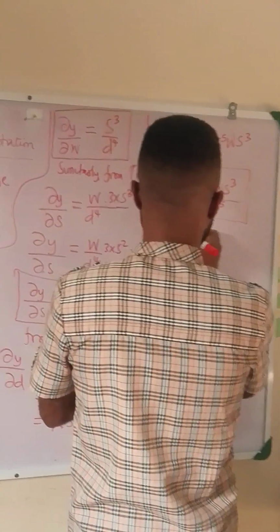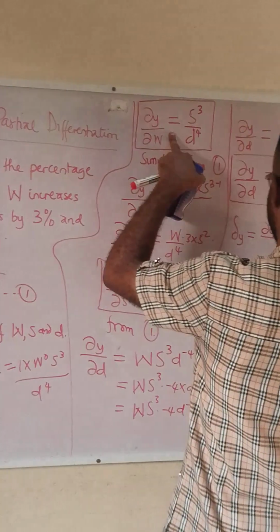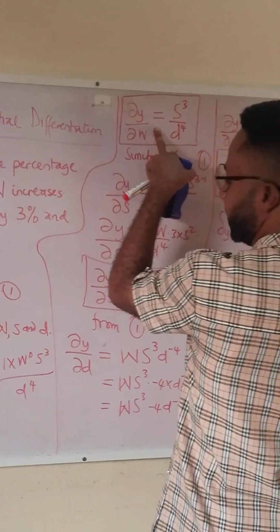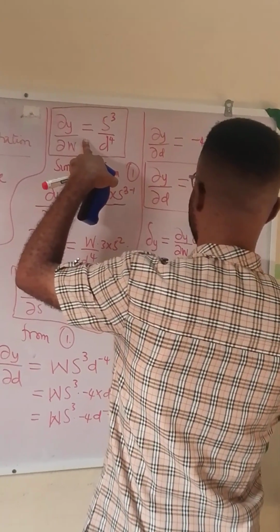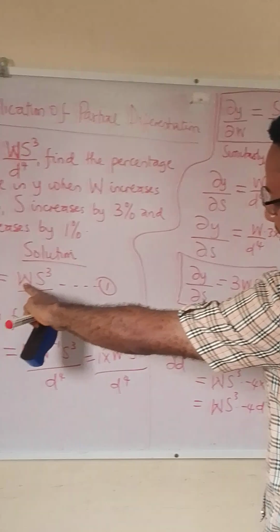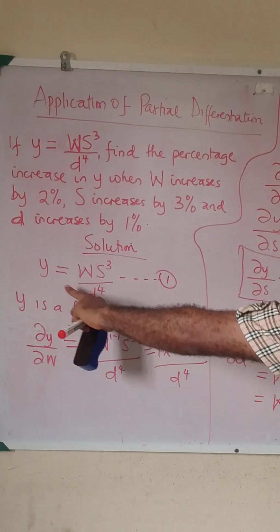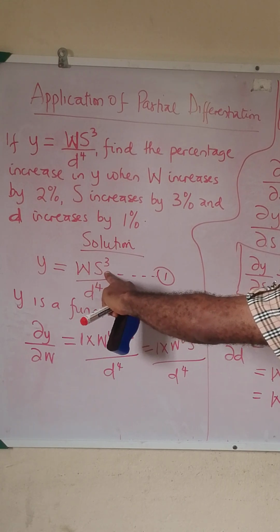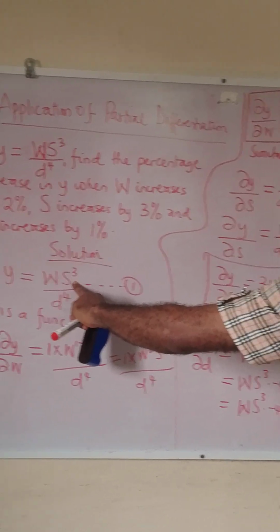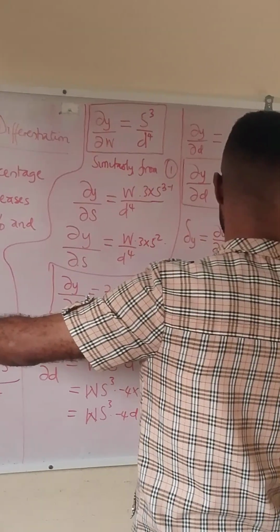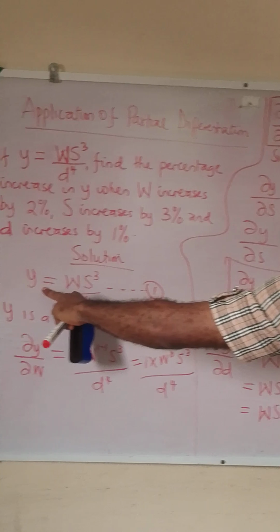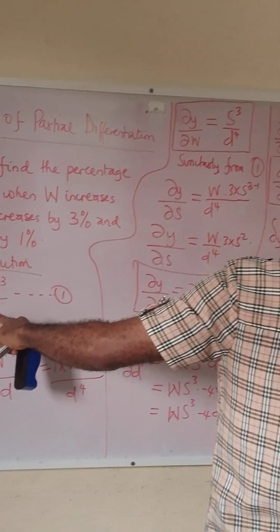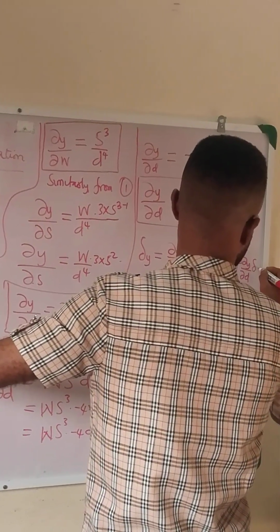So it's going to be the partial derivative of y with respect to w times change in w, plus the partial derivative of y with respect to s times change in s, and plus finally the partial derivative of y with respect to d times change in d.